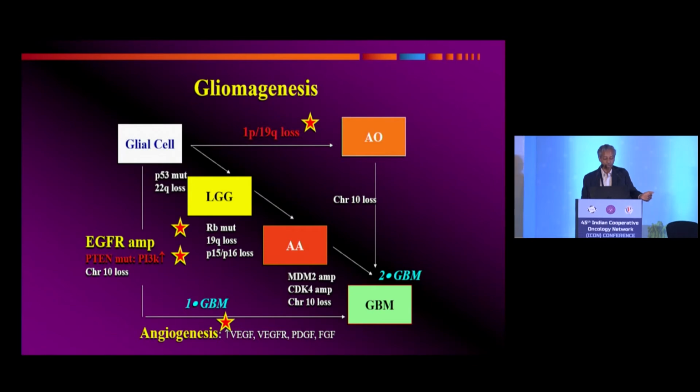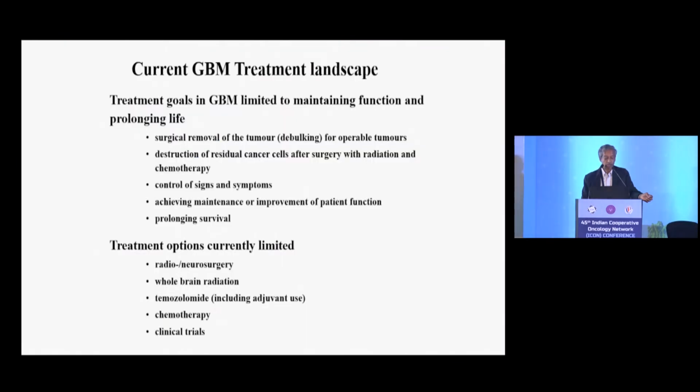And why we are doing these tests is to assess where exactly your tumor has been picked up, and that is sometimes important for us as well. So the current GBM therapy landscape is that the treatment goal should include maintaining function and prolonging life, and therefore the most important thing is surgical removal of the tumor, debulking for operable tumors, and destruction of the residual cancer cells after surgery with whatever we've been doing.